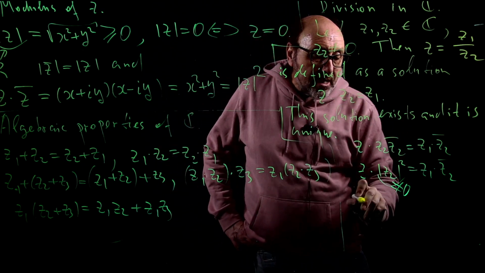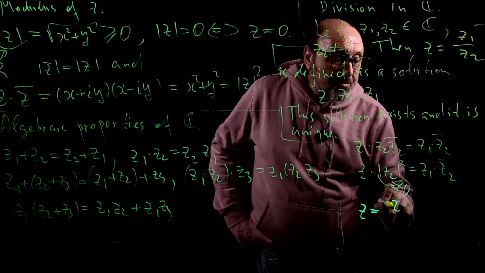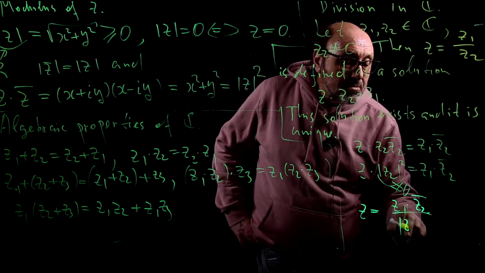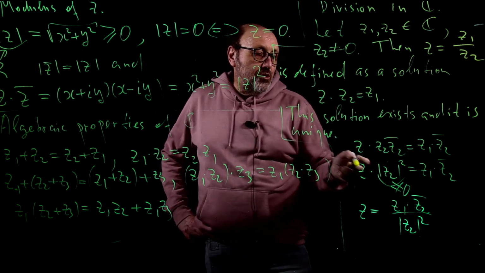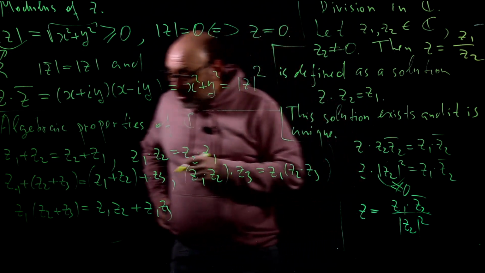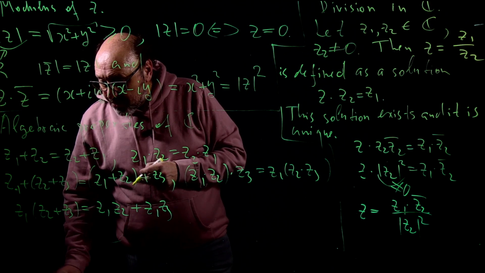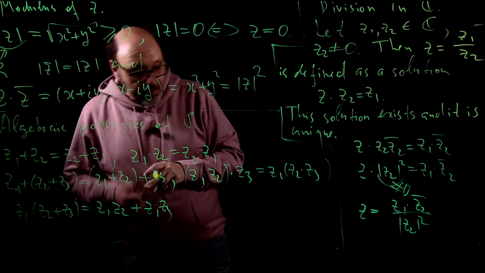So we just divide and we obtain the quotient, which exists and is unique and which can be computed by this formula.